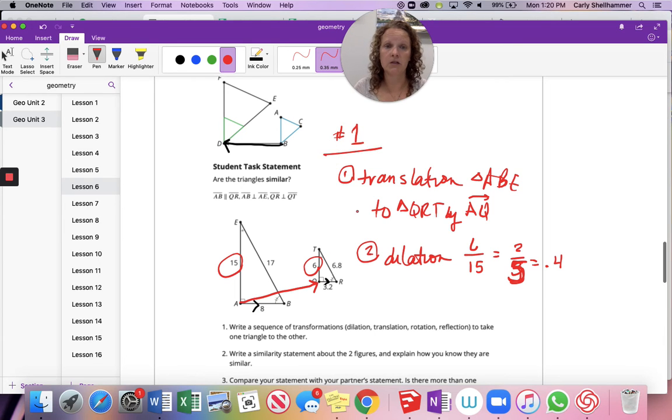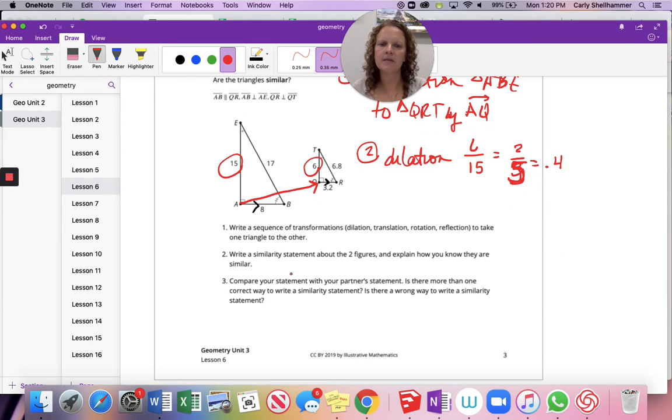It's confusing because I wrote 1 and 2 since there were 2 steps to it. Write a similarity statement about the 2 figures and explain how you know they are similar. I can say that triangle ABE is similar to triangle QRT because I have a sequence of transformations that takes one to another. But there's one more step I want to make sure I talk about.